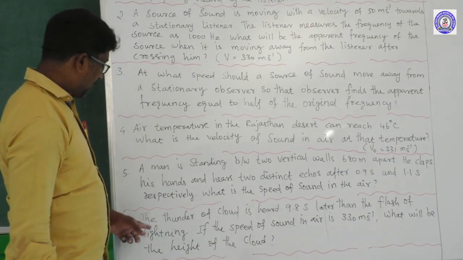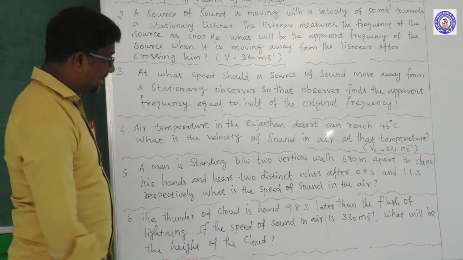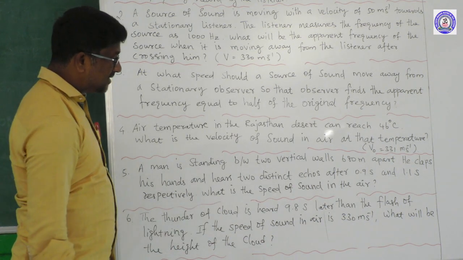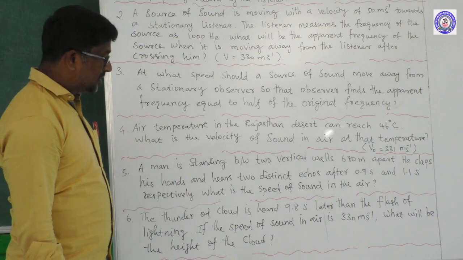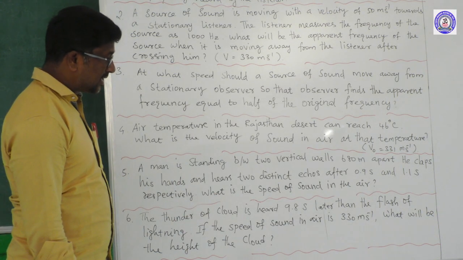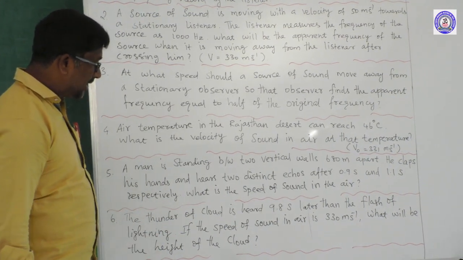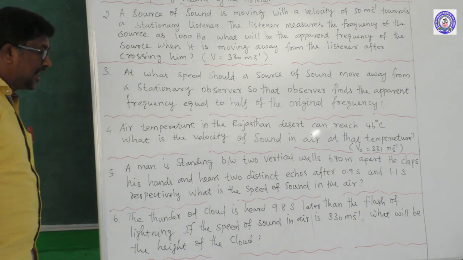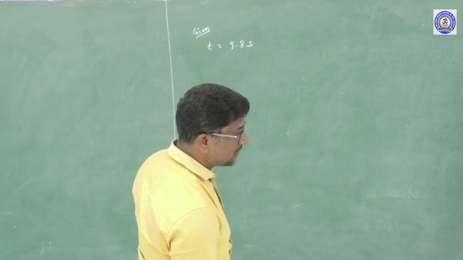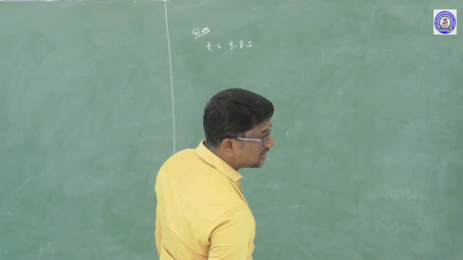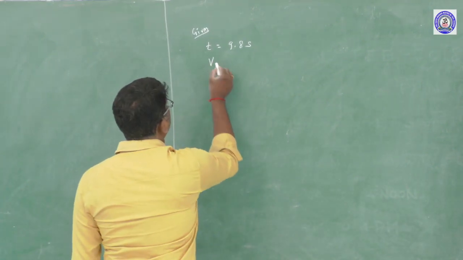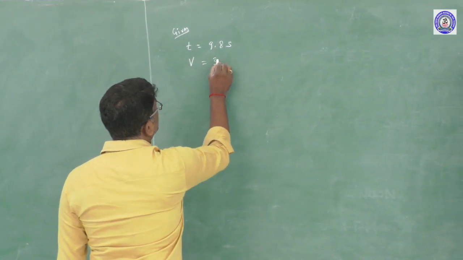Right, last problem. The thunder of a cloud is heard 9.8 seconds later than the flash of lightning. If the speed of sound in air is 330 meters second power minus 1, what will be the height of the cloud? The speed of sound in air is 330 meters second power minus 1.